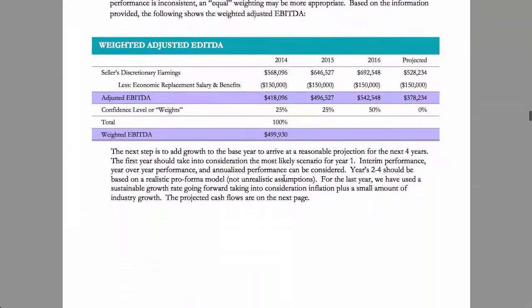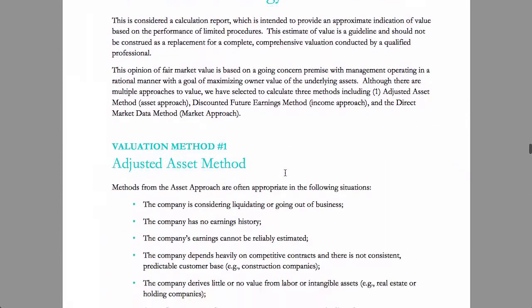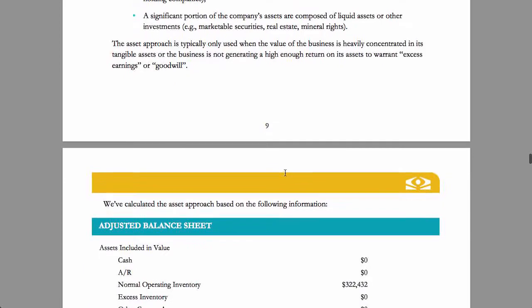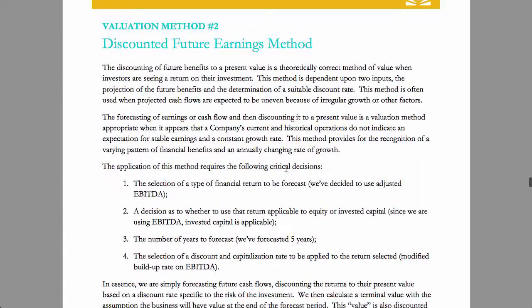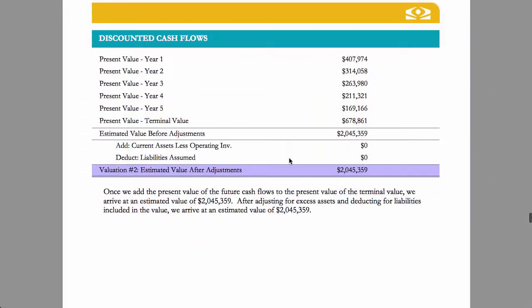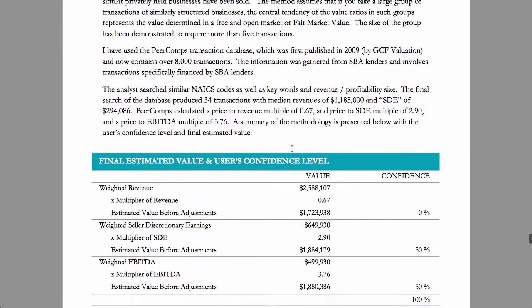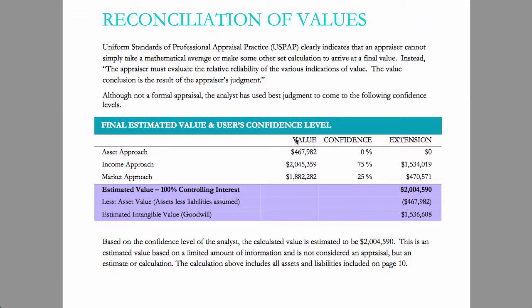You work your way through the financial section to the valuation section, and each method is clearly defined and explained and works through the calculations. And then as we work through our income approach and our market approach, we end up at the reconciliation of values. And this shows you exactly the asset approach, the income approach, the market approach, the confidence levels or weighting that you applied to those.